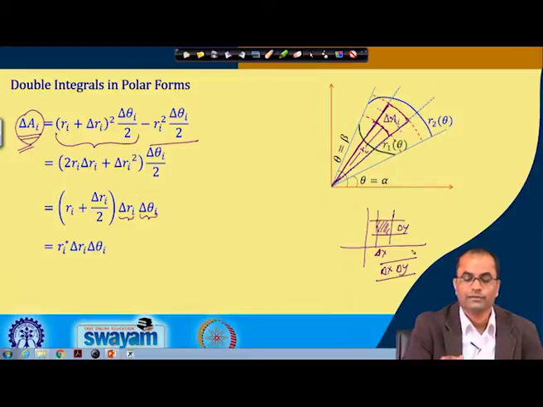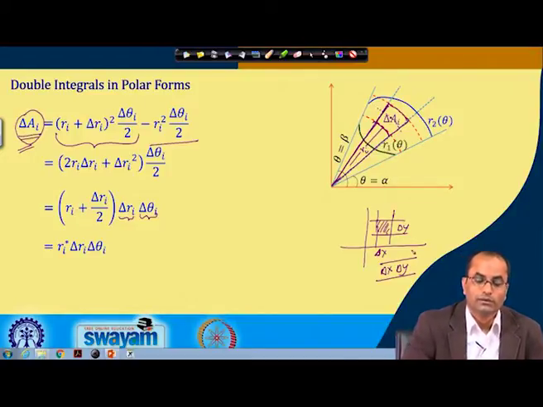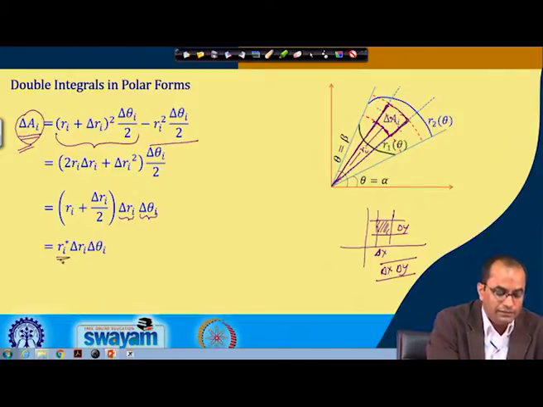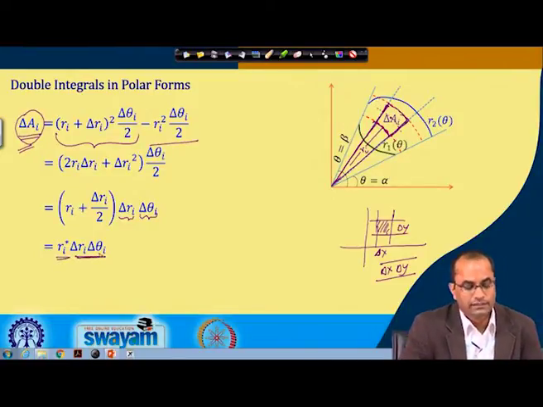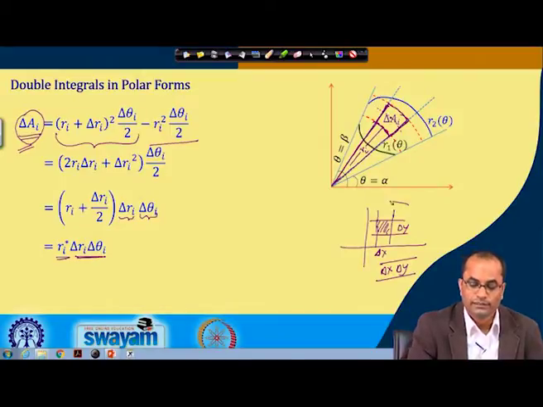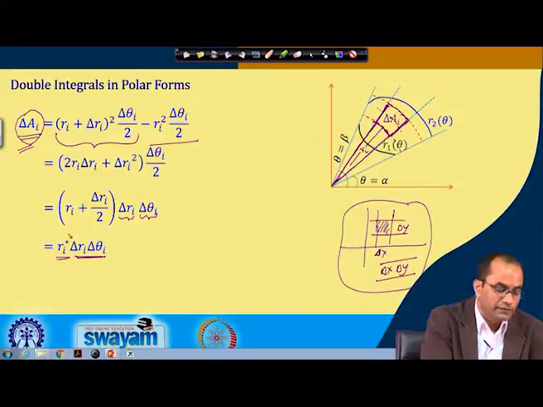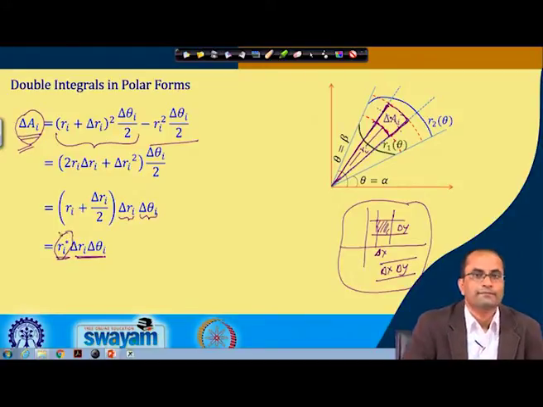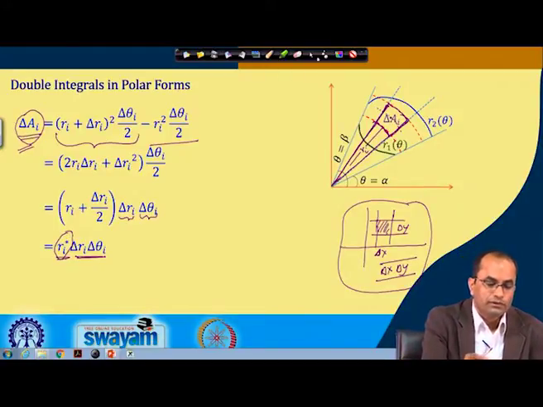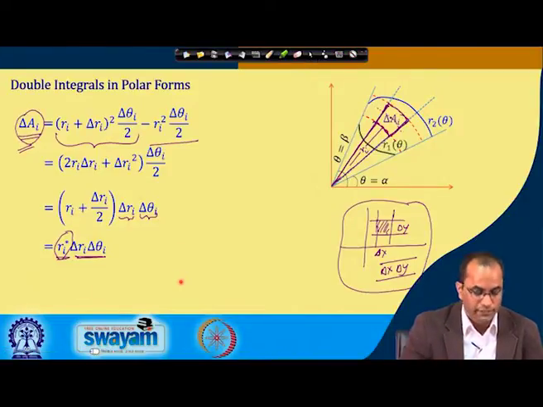But in this case, when we are talking about the polar coordinates, the area of this region in this domain here, delta A I, is r I star delta r I delta theta I, while in the Cartesian coordinate it was simply the product of the increments we have made in the direction of x and in the direction of y. So, here one additional factor, this r I, has appeared.